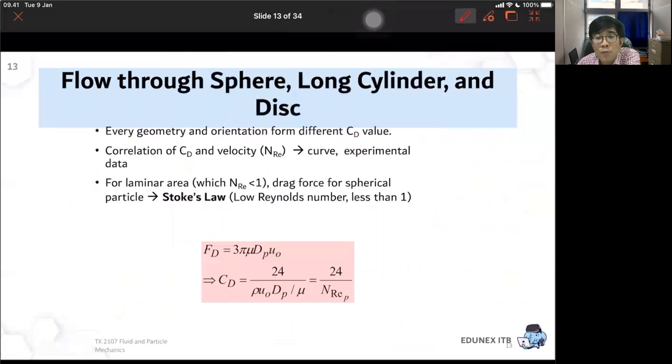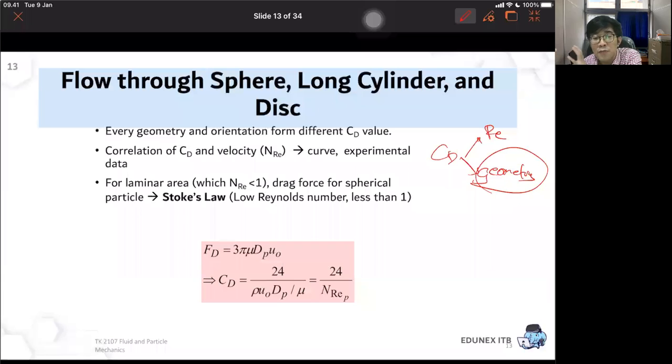Okay, now there's some special case for how to calculate drag force for very low Reynolds number. Basically, drag force will depend first on Reynolds number, and second on the geometry of the particle in terms of the projection area. Why does the geometry influence the drag force?